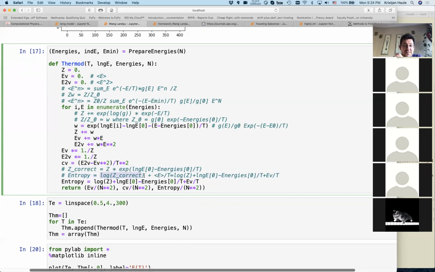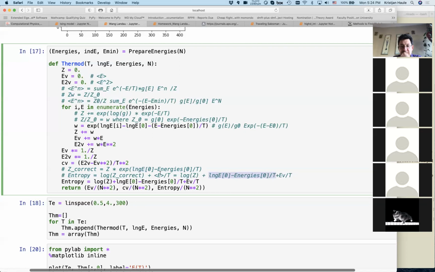So what is the log of Z correct? Well, we can take the logarithm of this entire expression, and we get the log of our Z, what we call Z here in this expression. So it's the logarithm of Z, then the logarithm of this exponent, which is basically just the logarithm of the density of states minus the energy of 0 divided by T. So this expression.